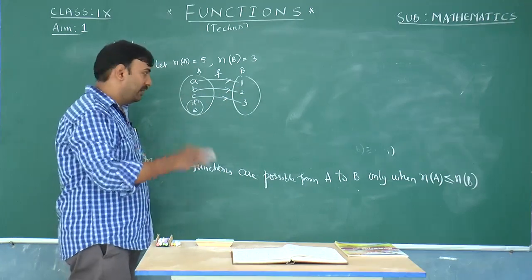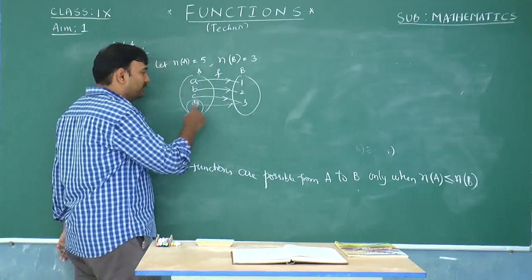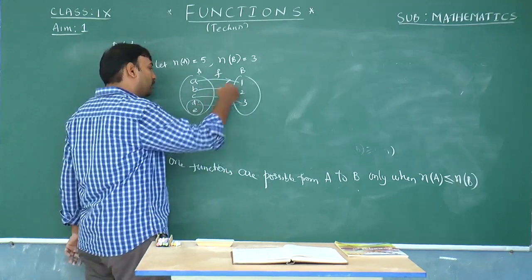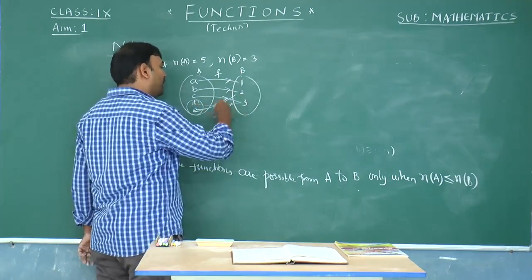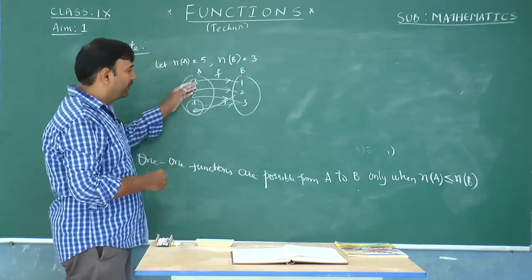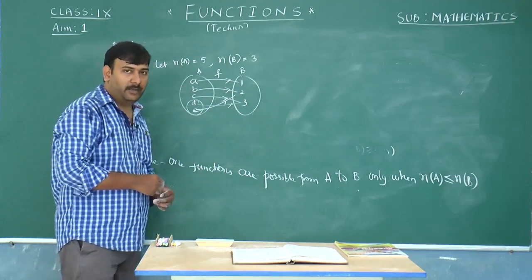That means I have to associate this element with either 3 or 2 or 1, and the same way for this one, I have an image associated with 2 or 3 or 1. That means different elements get the same images. So obviously, this kind of function will not become a one-to-one function.